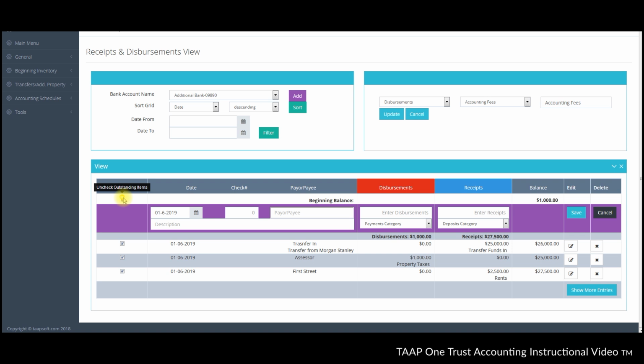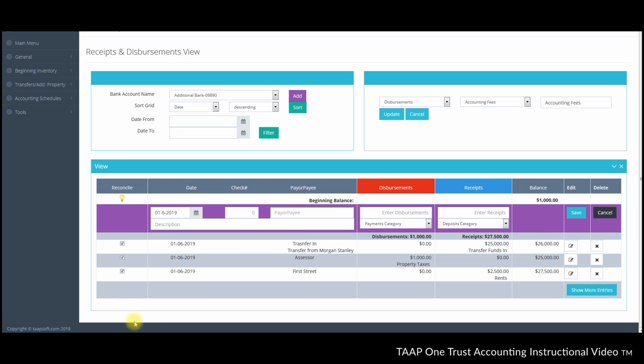Okay, an outstanding item is going to be an item that has not cleared your bank account. So in any particular month, it's most likely going to be items towards the end of the month, but not necessarily. If someone held on to the check and hasn't deposited it, they could be any time during that month.